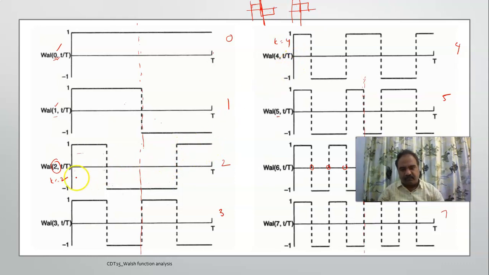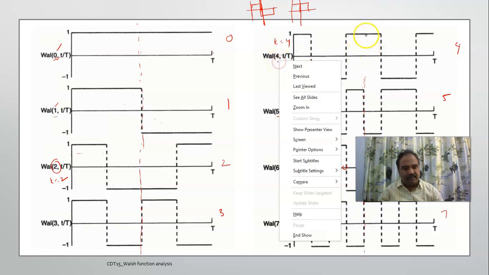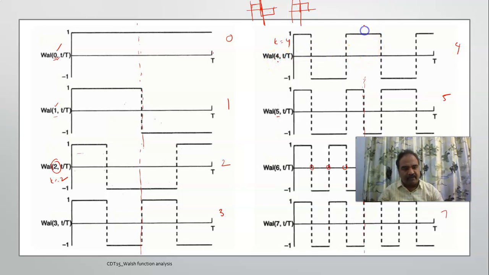Now I am doubling this k value. If I divide it into half, I am dividing the periodicity into half. Now you see this particular one is very symmetrical to that waveform, isn't it? So doubling the value of k indicates that you are just reducing the periodicity. Both have a very similar wave.